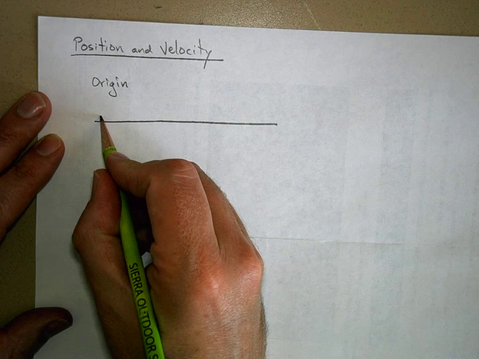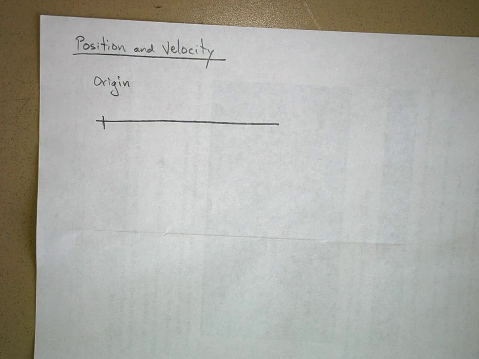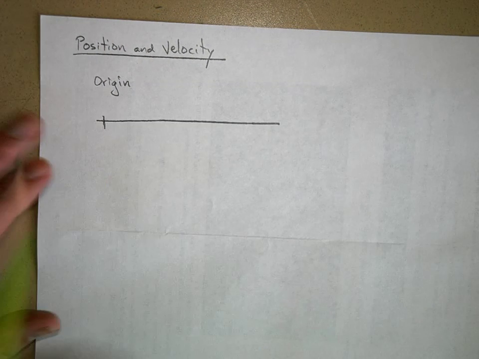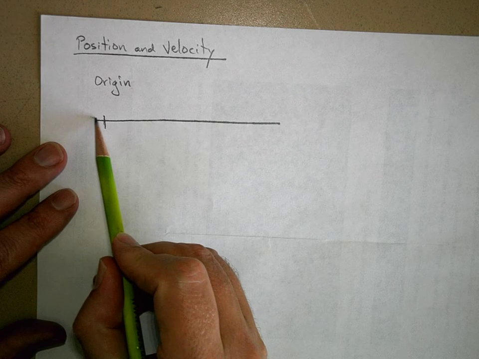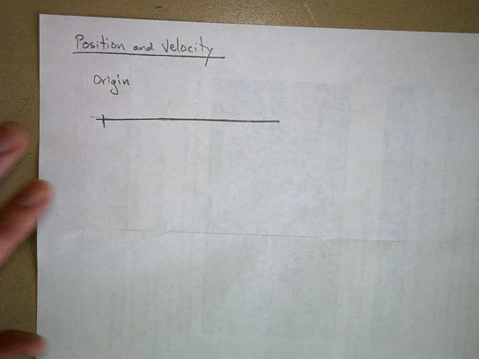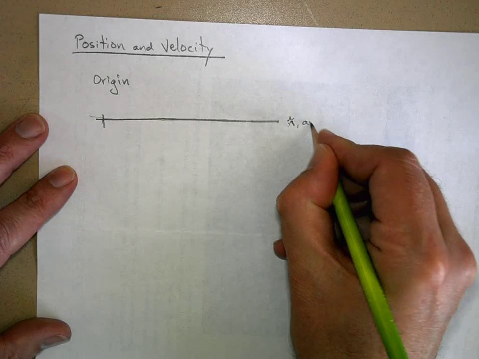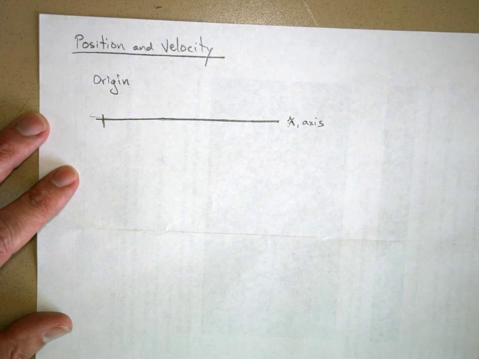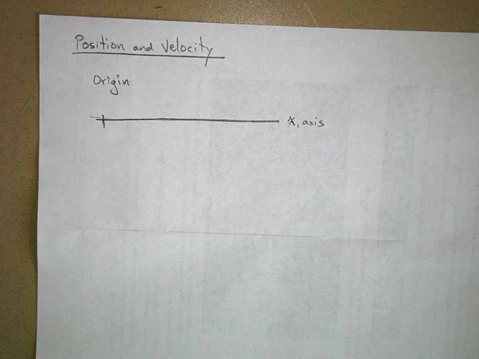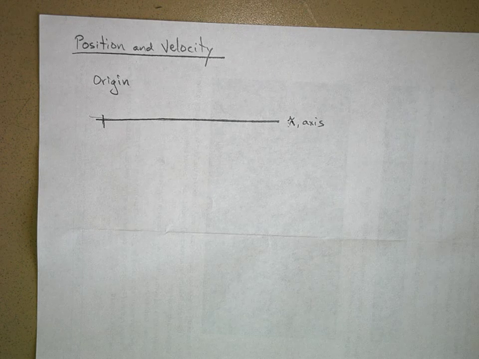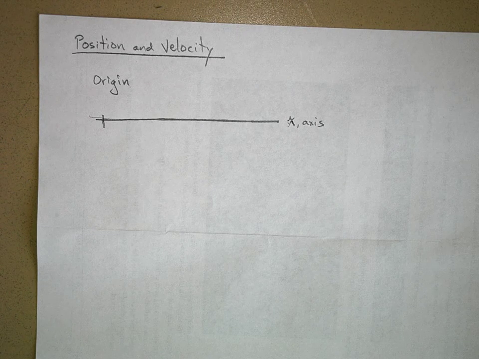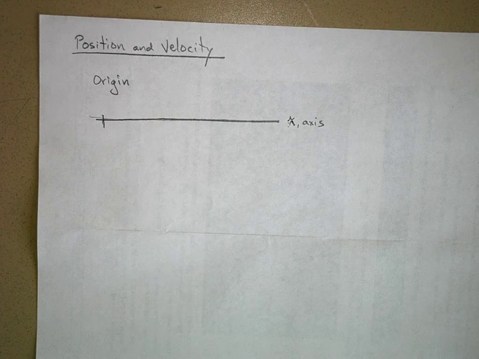So to locate where an object is in space, on a single dimension, you need to know what your single dimension is. And we'll call this the x-axis. Or it could be the y or the z-axis. Those are the standard letters we use, x, y, and z, for the 3 dimensions of space.